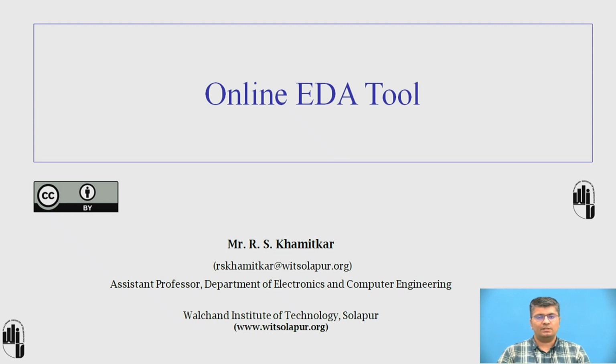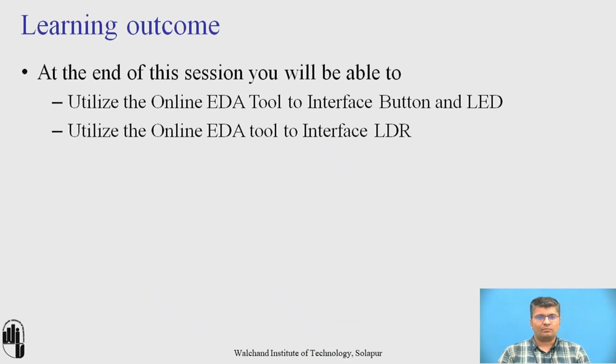Now in this particular session, we'll cover interfacing the LDR, that is light dependent resistor, with the Arduino board for decision making. We will take the LDR as an input, and according to the light intensity the device will be turned on or off, that is, the LED will be turned on or off.